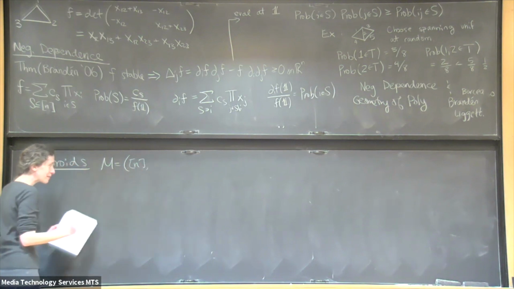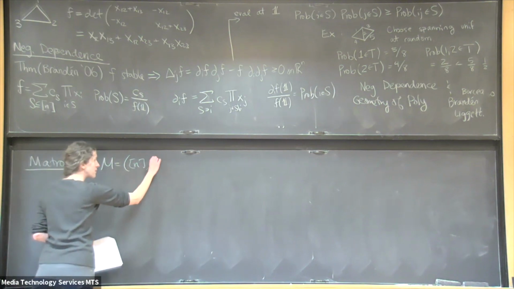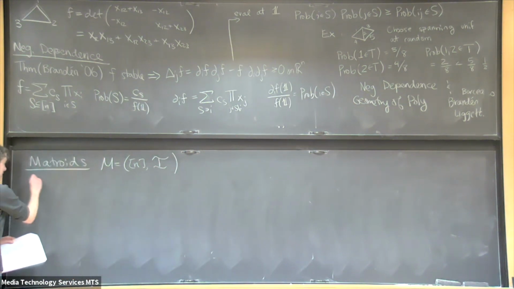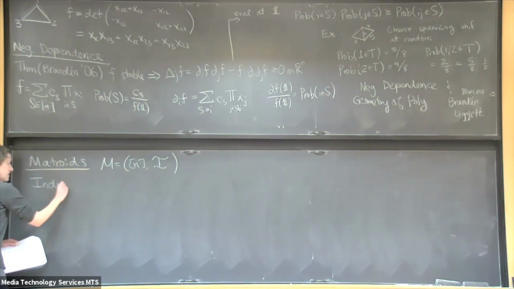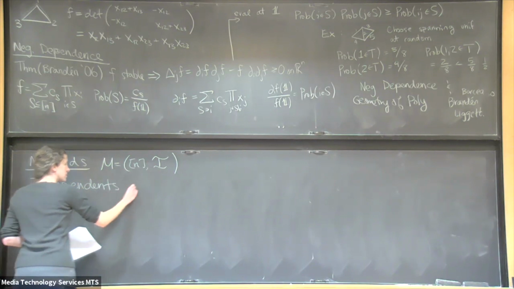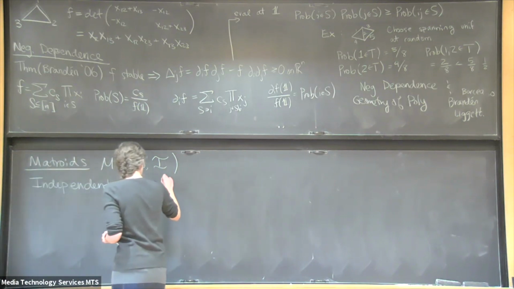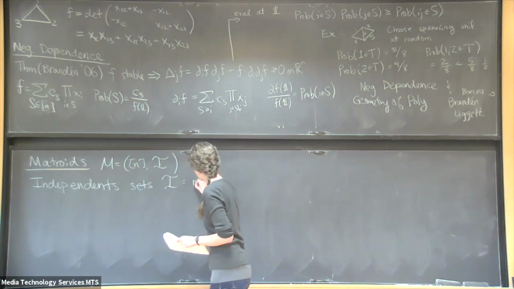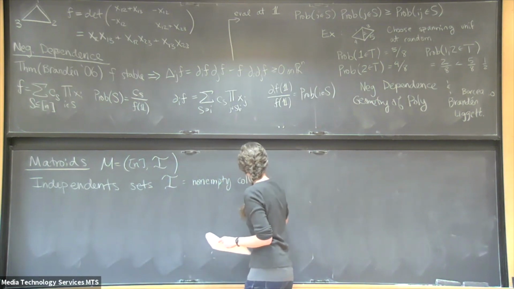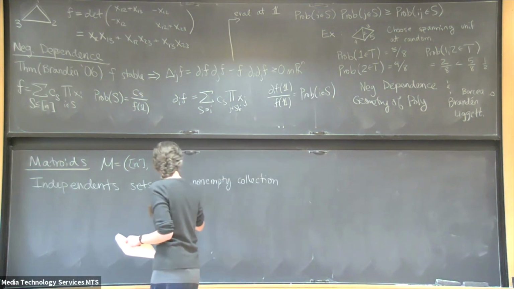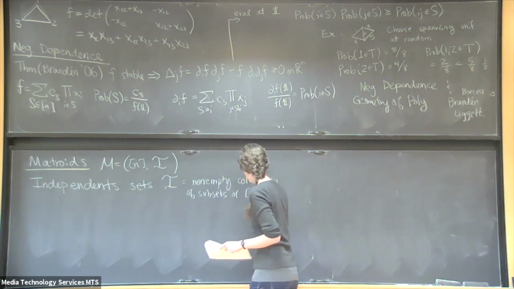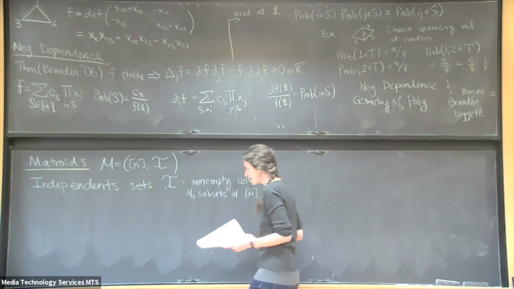So a matroid is a combinatorial object. It has a ground set 1 through n, and then something called independent sets, where the independent sets are a non-empty collection of subsets of 1 through n satisfying two things.